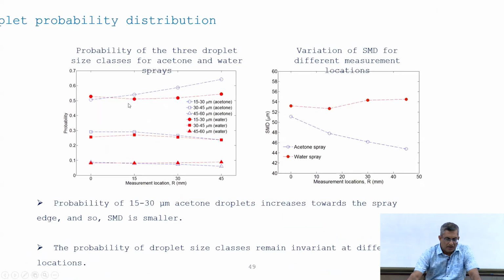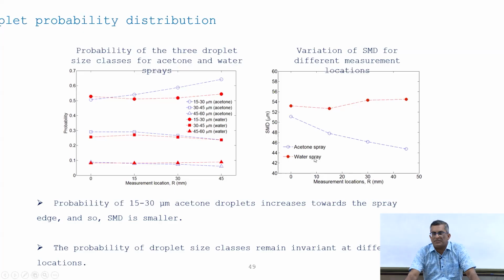And we can first measure the mean characteristics. For example, as you can see here, the SMD is shown, and for comparison purpose, measurements were also taken using a water spray.